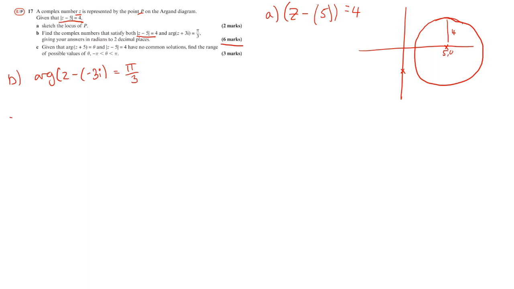So C, given that arg z plus 5 equals theta and modulus z minus 5 equals 4 have no common solutions, find the range of possible values of theta in the range of minus pi to pi. Well, I'm not even sure where to start on that.